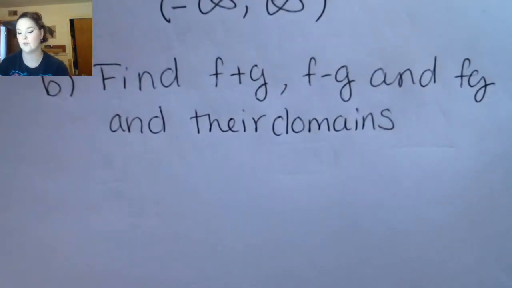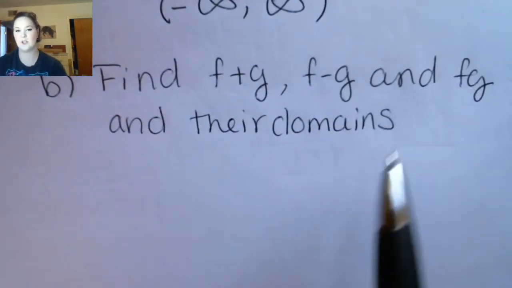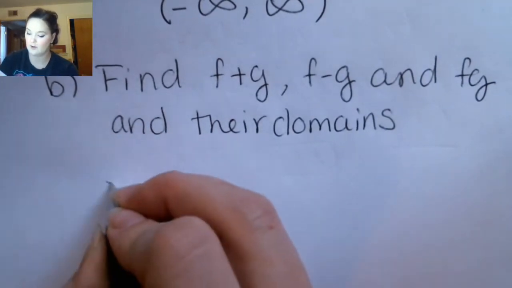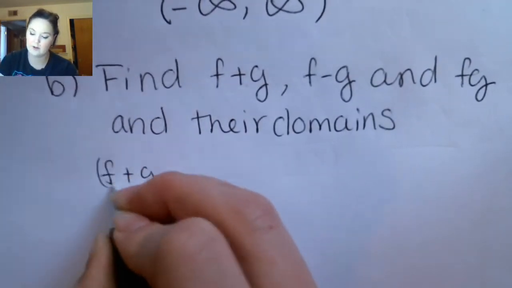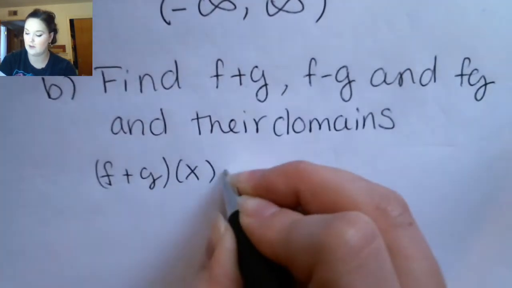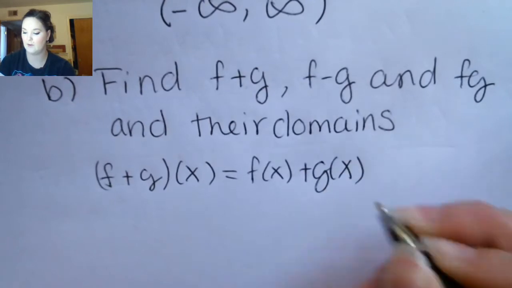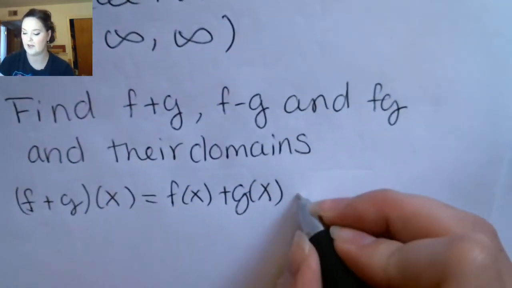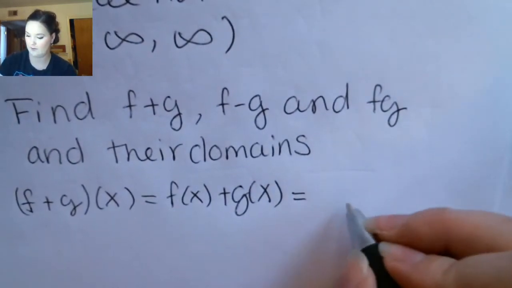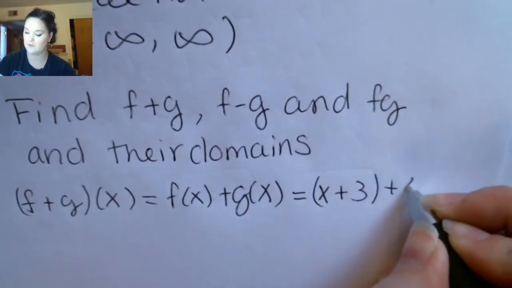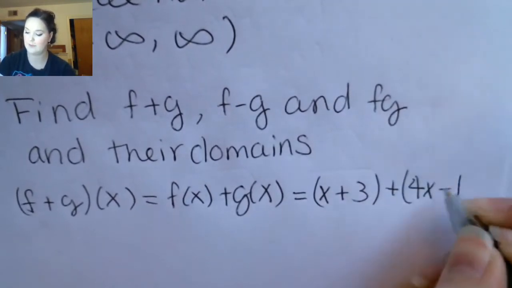Okay, so we're going to find the first three, f plus g, f minus g, and f times g, and then we're going to find the domains for each function. Okay, so f plus g of x is f of x plus g of x. Okay, so we're going to take our two functions and add them together. So x plus 3 plus 4x minus 1.